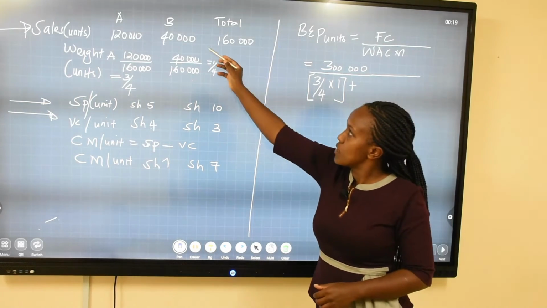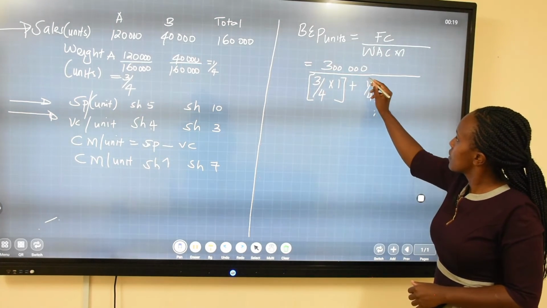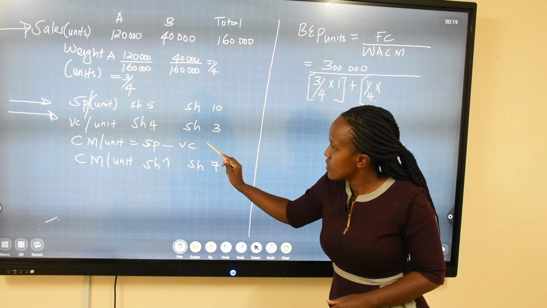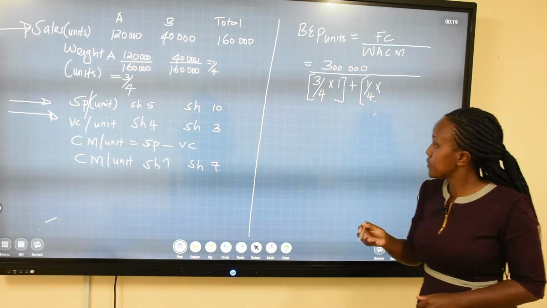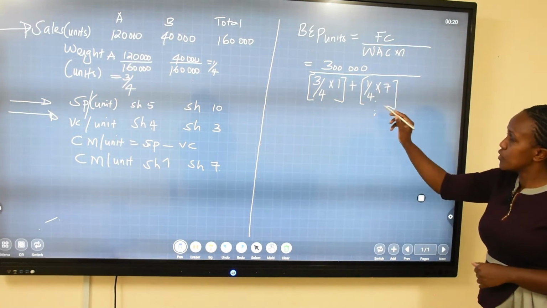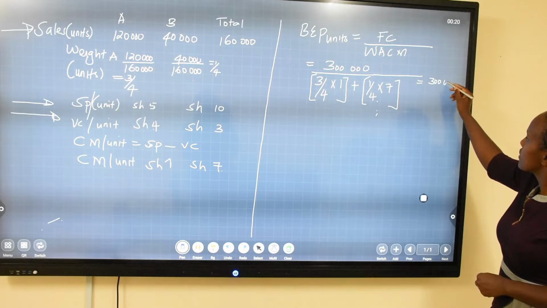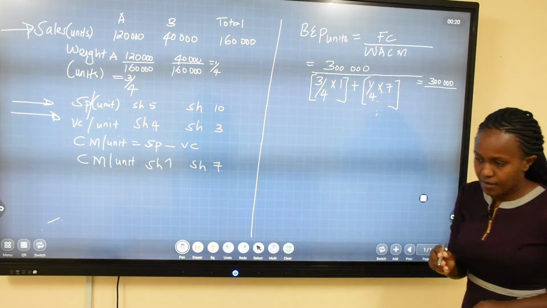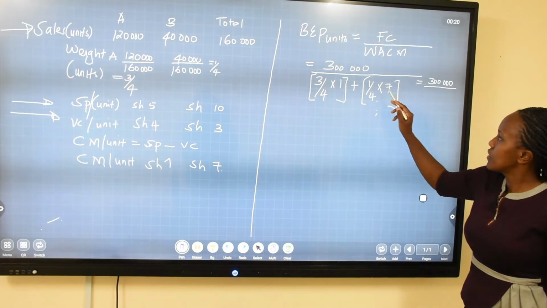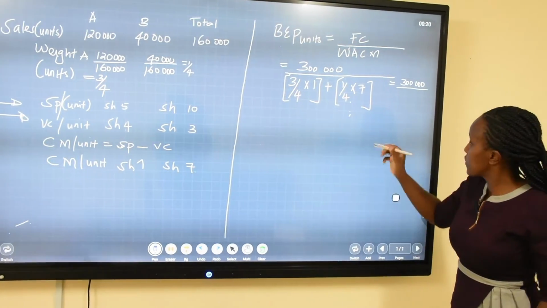the weight of B. The weight of B is a quarter. That is the proportion of B, multiplied by the contribution margin of B, which is 7. If you compute this, it is equal to 300,000 divided by 3 over 4 plus 7 over 4, which is 10 over 4. 10 over 4 is the same as 2.5.